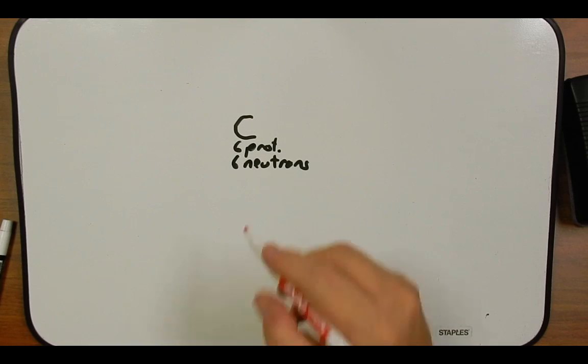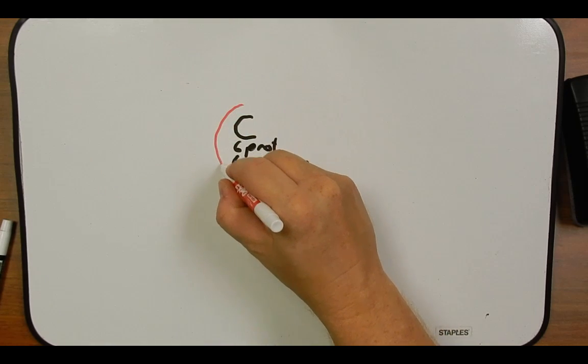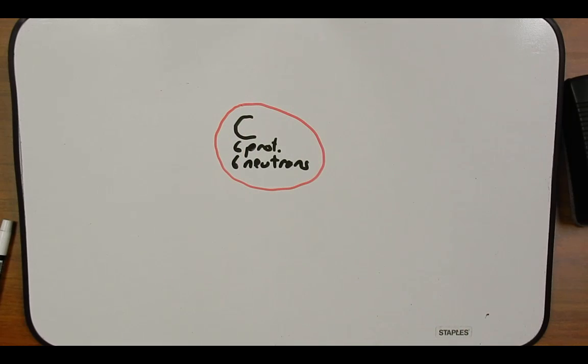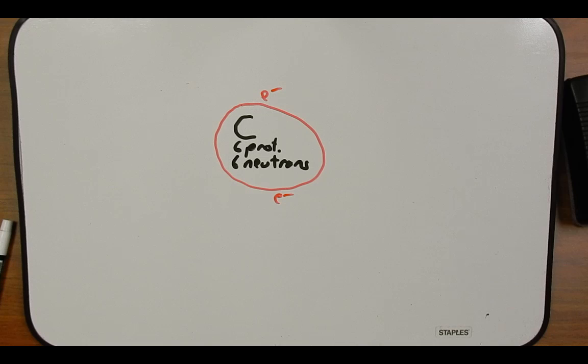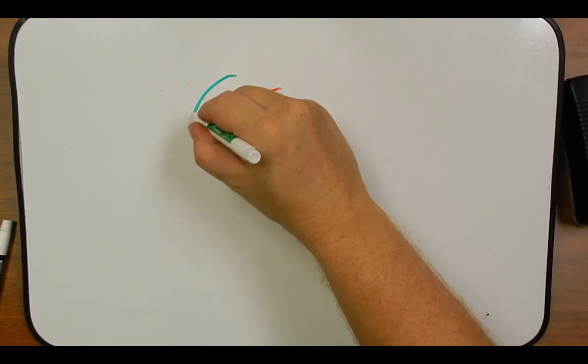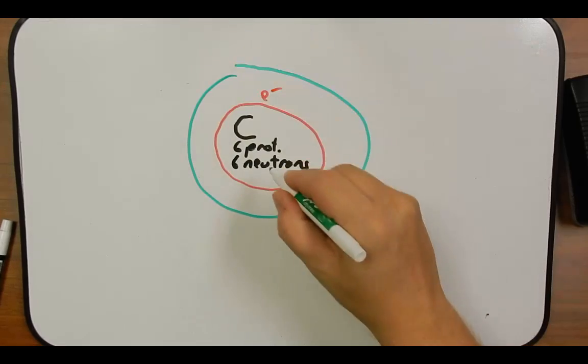Though I'm not going to focus too much on the different energy levels of the valence shells, I do want to point out a few things. We have 2 electrons here, and then the next shell will have 4 for a total of 6.